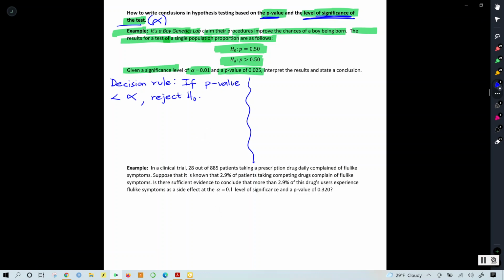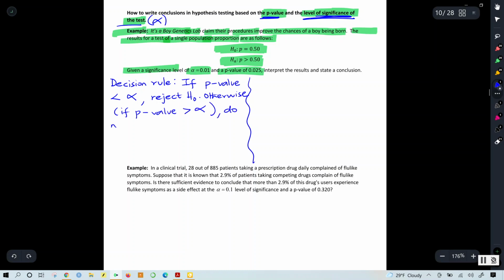This is like a formula to note. Otherwise, if the p-value is greater than alpha, we do not reject the null hypothesis. So in this case, here is our way to draw a conclusion.